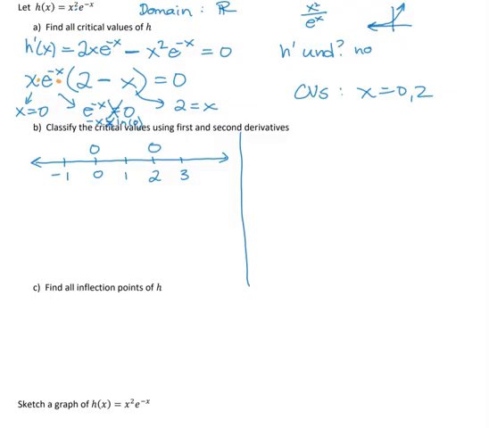If I test -1, I'm going to use my factored method again. So when I plug in -1, x is -1, so I get a negative number out in front. And again, if you like it, you can write the 1. And then I get e to the 1, right, negative x in the exponent. So when we plug in -1, it becomes +1. So just e, which is positive.